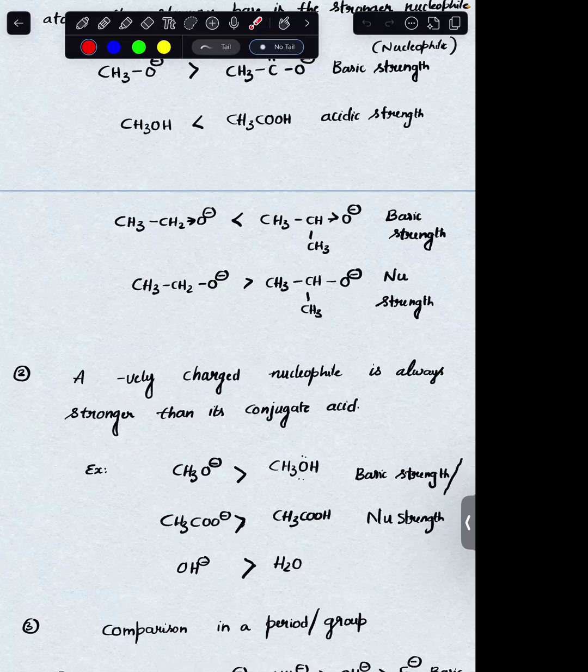In general, acetic acid's basic strength we won't be comparing because it is not at all a base. But I'm just saying this negatively charged species is always a stronger base when compared to this neutral base. So this will always be a stronger nucleophile when compared to this neutral nucleophile. OH minus is always a stronger base when compared to H2O, as well as a stronger nucleophile when compared to H2O. Everyone with me?